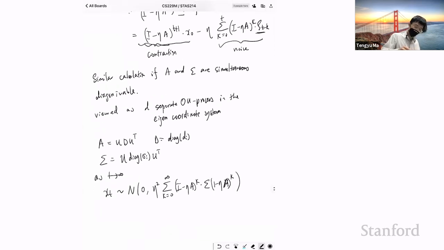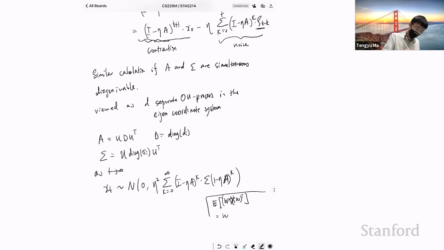This is because the covariance of a linear transformation W ξ of Gaussian is W Σ W transpose. That's how you compute the covariance of each of these terms, and then you take the sum of them.